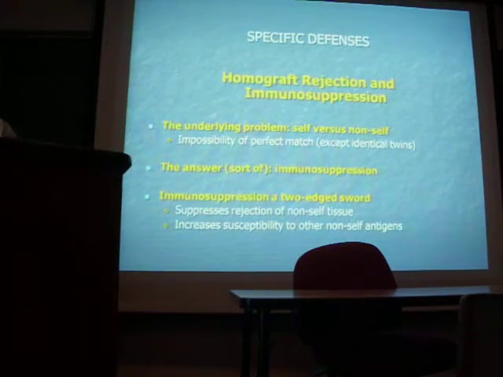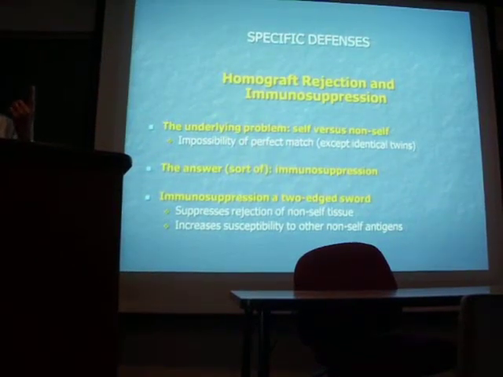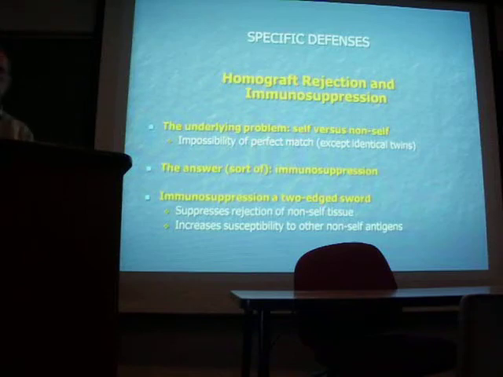Now, in this process, there is a screening procedure where you try to match tissues as closely as possible. But in spite of all the preliminary tests and the closest matching possible, can you ever get a perfect match? No. Only in one kind of case. Identical twins. All right, so you can get close, but you can't get perfect.